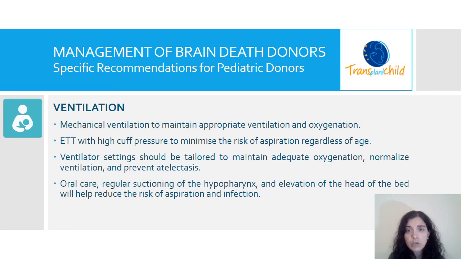Ventilator settings should be tailored to maintain adequate oxygenation, normalize ventilation, and prevent atelectasis. Oral care, regular suctioning of the hypopharynx, and elevation of the head of the bed will help reduce the risk of aspiration and infection. And ventilator strategies and alveolar recruitment maneuvers may be necessary to improve oxygenation by reducing atelectasis.